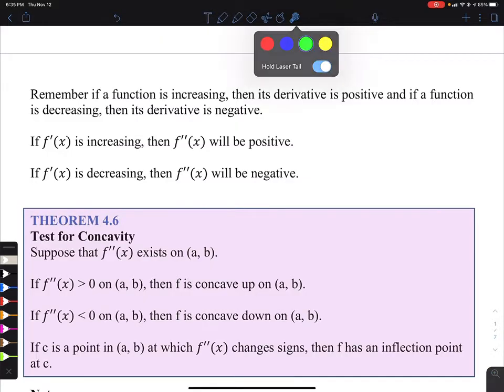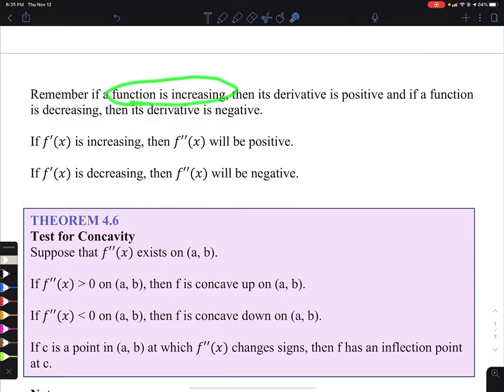In the last lesson we learned, if a function's increasing, what do you know? You learned its derivative is positive. Hugely important. That's got to be in your brain. If any function's increasing, its derivative is positive. And similarly, if a function is decreasing, you know its derivative is negative. Okay? Now, let your brain kind of think on this.